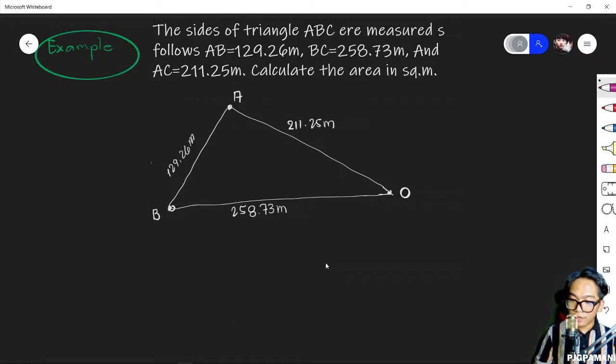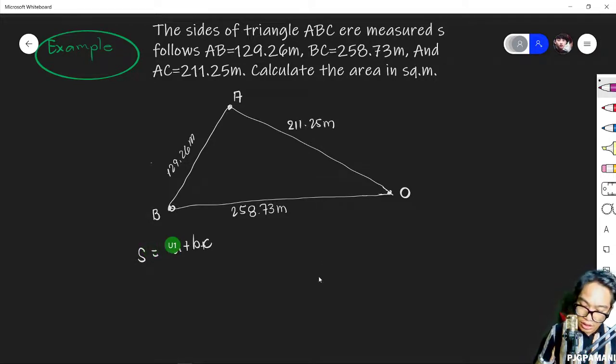Solution: let us first solve for the half perimeter, or the S value, such as half of the total perimeter of the triangle.